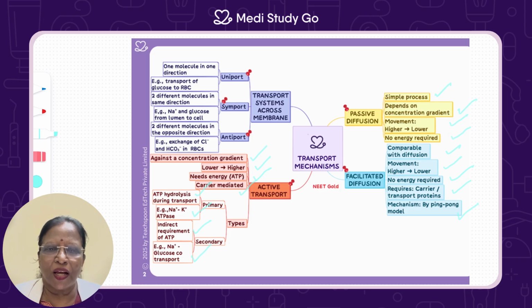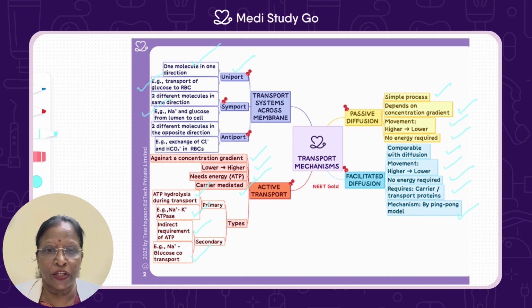Again, based on the number of molecules and the direction in which they are transported, you have uniport, one molecule, one direction. Example, transport of glucose, we have seen now the GLUT2. And symport, two molecules in the same direction. We have seen sodium and glucose getting transported from the intestinal lumen to the cell.